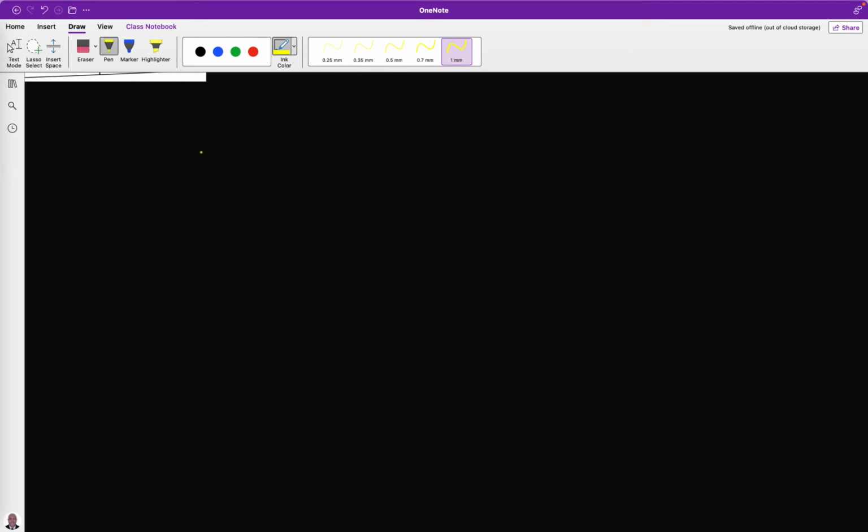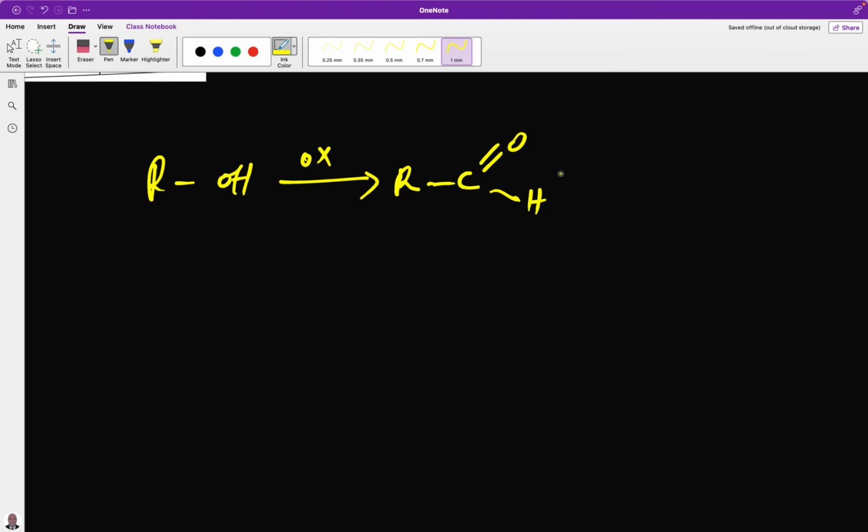The primary alcohols are oxidized to aldehydes, and they are further oxidized to what? The corresponding carboxylic acid.